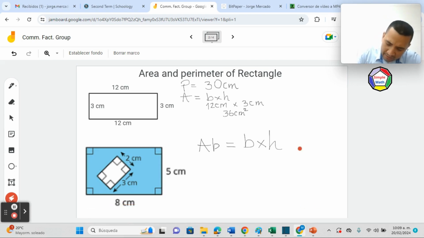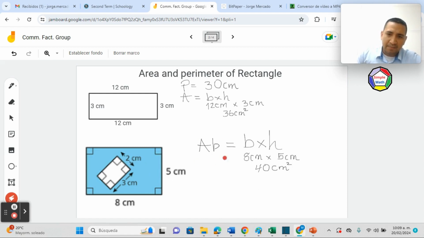So we have 8 centimeters times 5 centimeters. 8 times 5 is 40, so the area of the big rectangle is 40 centimeters squared.